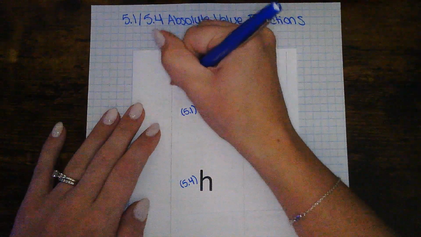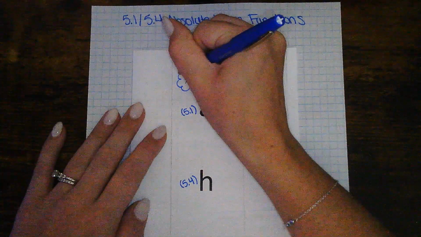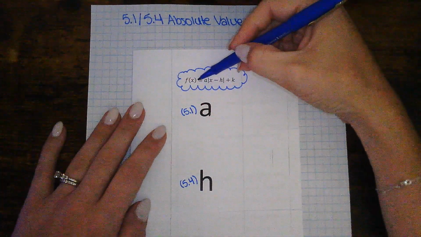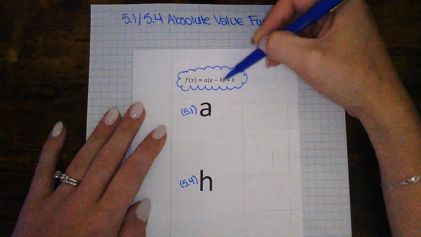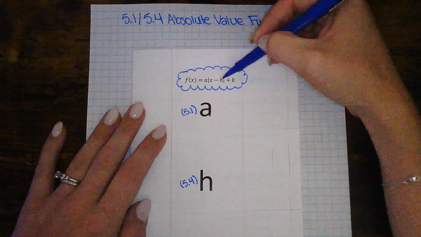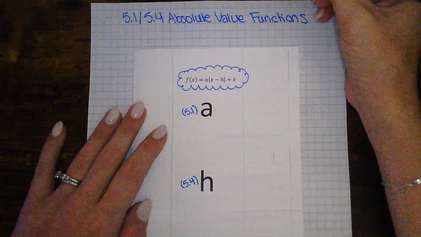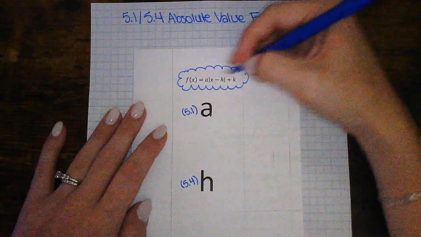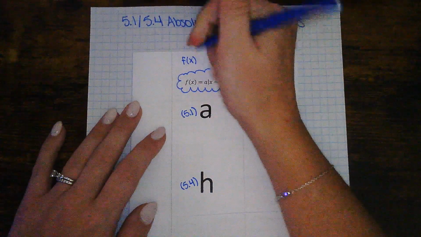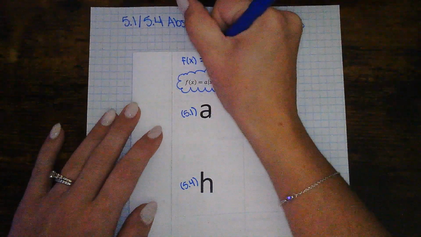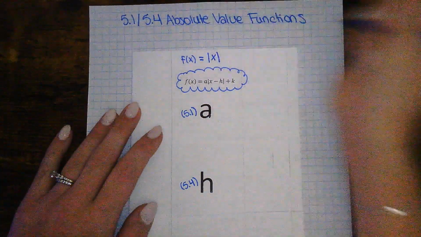Up here at the top, we've got our formula for an absolute value function, which is f of x equals a times the absolute value of x minus h plus k. In your parent function, you have just f of x equals the absolute value of x.